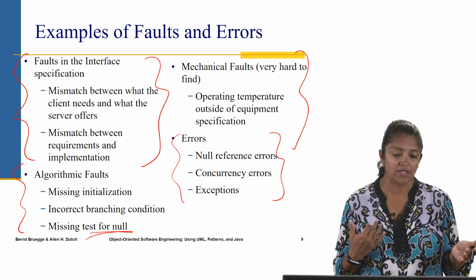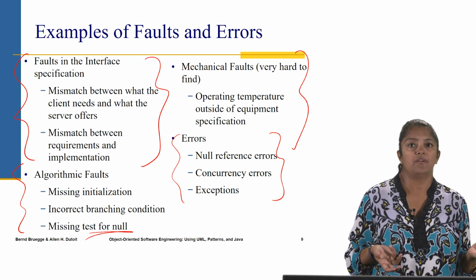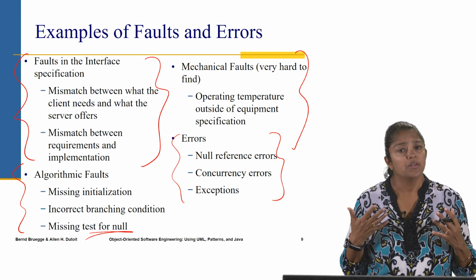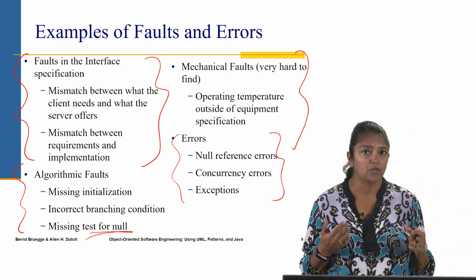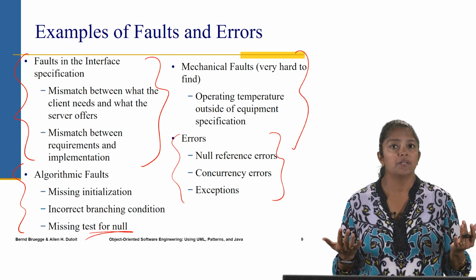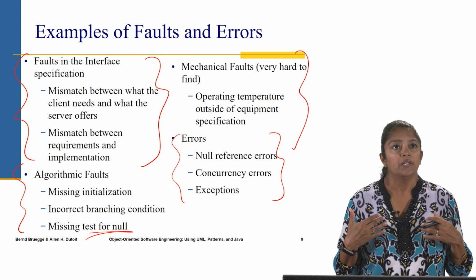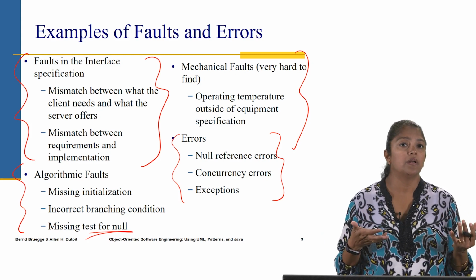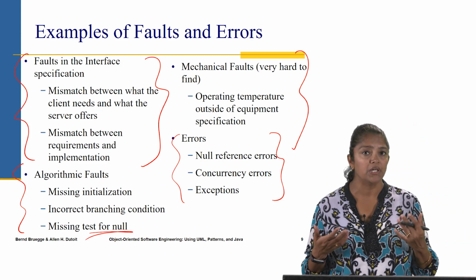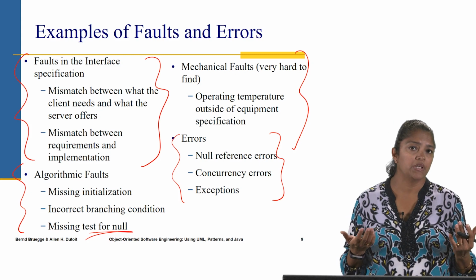Similarly, concurrency related errors: when there's a shared resource and multiple processes trying to access that same shared resource, that could cause issues. Then exceptions: when some exception condition happens, say the input provided is not in the correct format that the program is expecting, that could be an exception.